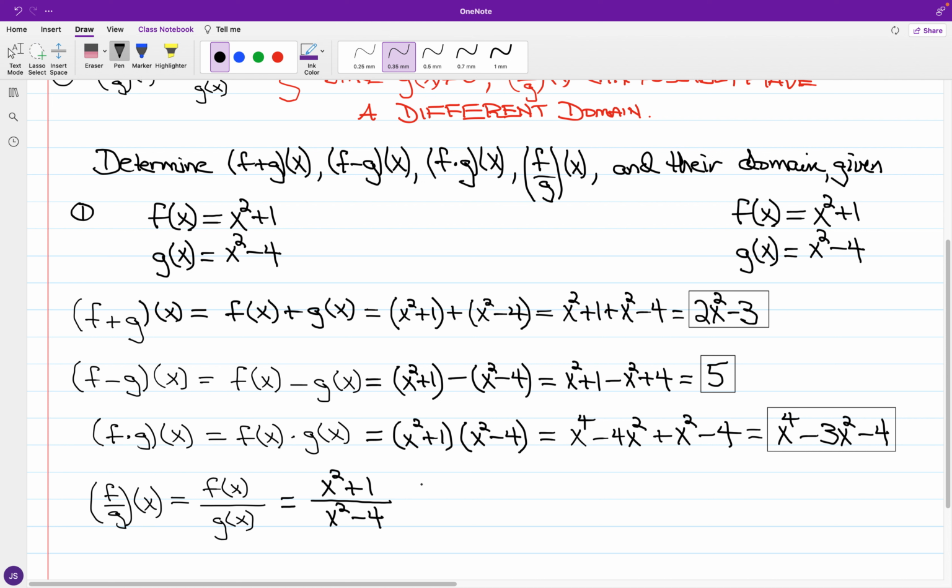And you can leave it in this form. There's no common factor. The greatest common factor between the numerator and denominator is 1. And if I were to write this out in any other fashion, you could take the difference of squares and factor to x plus 2 as well as x minus 2.